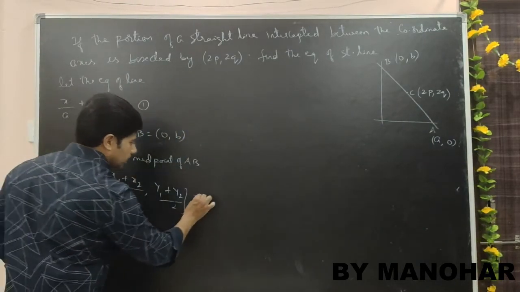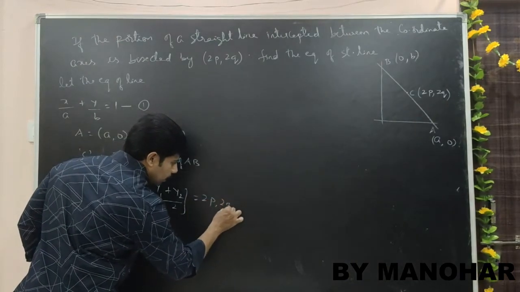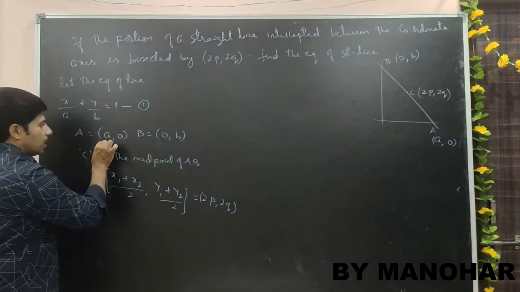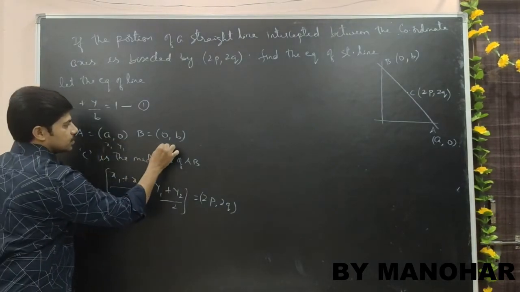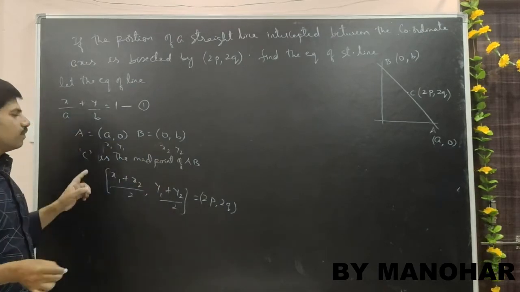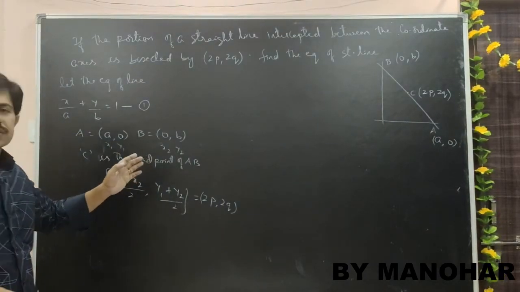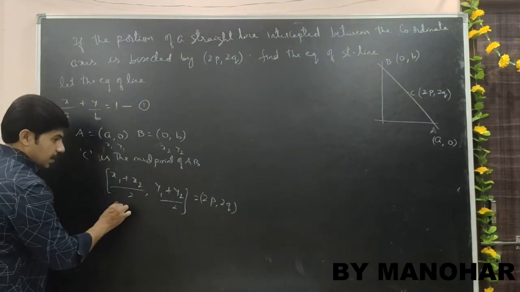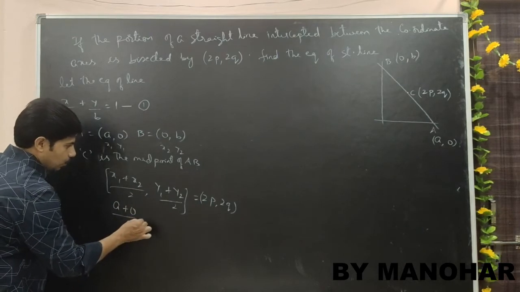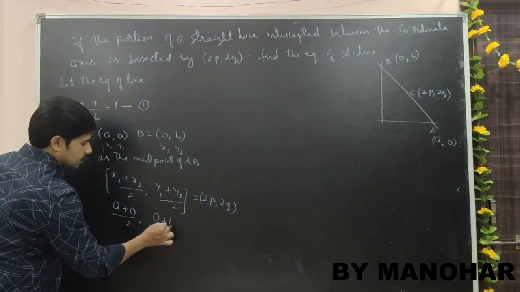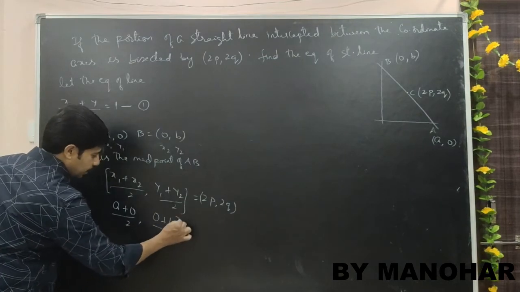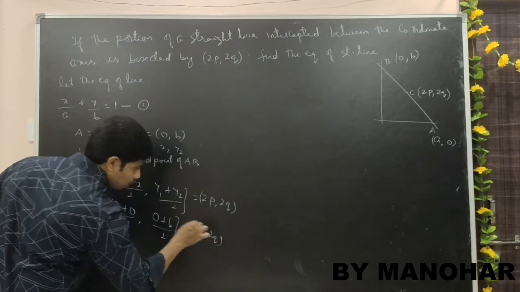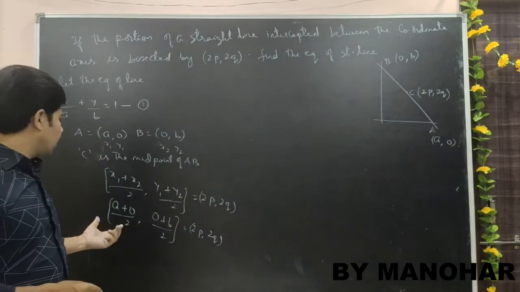Now I'll substitute 2p comma 2q, and find out a and b values using this midpoint condition. So x1 y1 is a comma 0, x2 y2 is 0 comma b. Now I will substitute: a plus 0 by 2 comma 0 plus b by 2 is equal to 2p comma 2q. Now I'll split and find out the values of a and b.